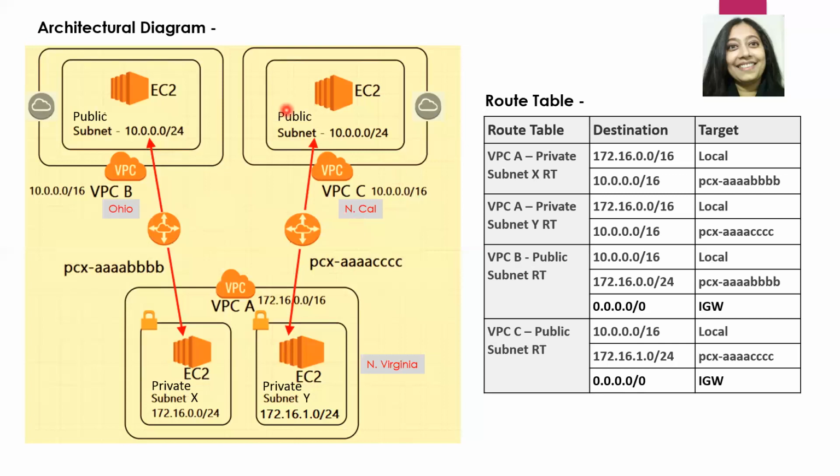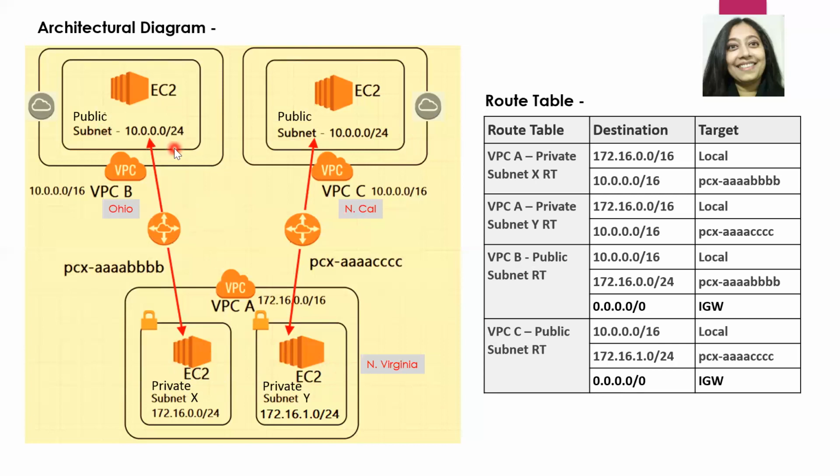After we have established our VPCs and peering connections between them, in order to test whether these VPCs can truly communicate with each other, we will be launching a couple of EC2 instances in each of the subnets. We will launch an EC2 instance in both our private subnets as well as our public subnets.